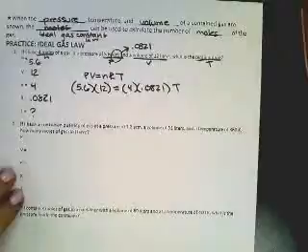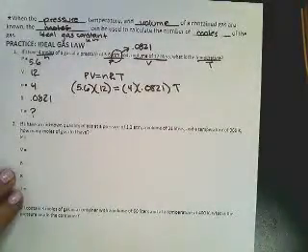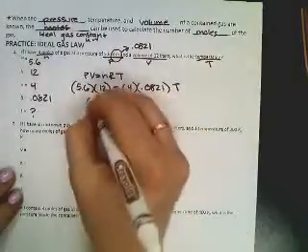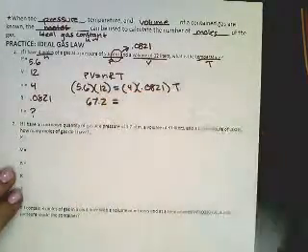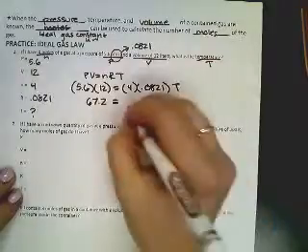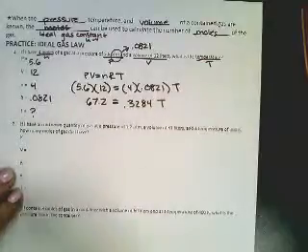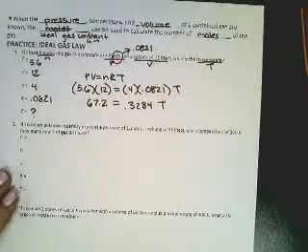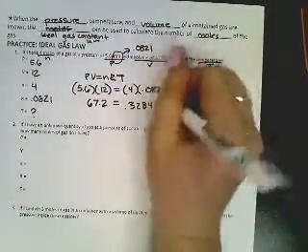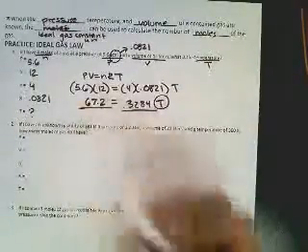We're going to do the easy stuff first. 5.6 times 12 is 67.2, equals 4 times 0.0821, which is 0.3284 T. I'm trying to isolate for T, so T needs to be by itself. We have to divide.